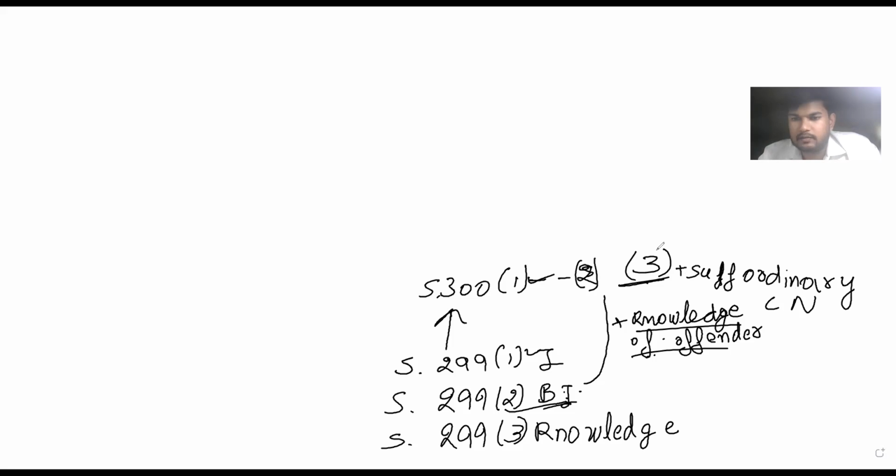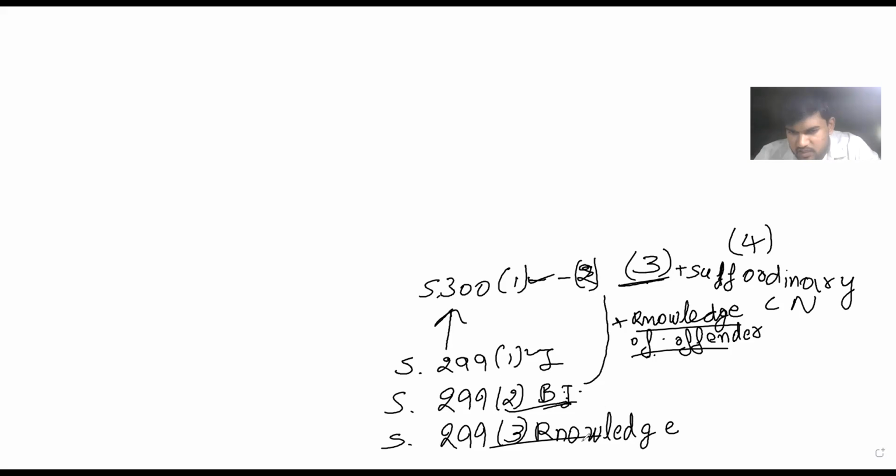Course of nature. Then fourthly, if the accused, firstly related to section 299 3, okay, the accused had the knowledge that such act is likely to cause death.